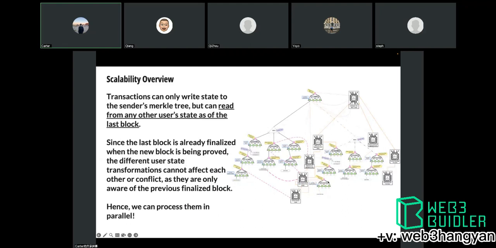Does that make sense? So you can be aware of the user contract tree or the different contract state trees within your local proving session at the level of these two circuits, because we can know about this without affecting our parallelizability.